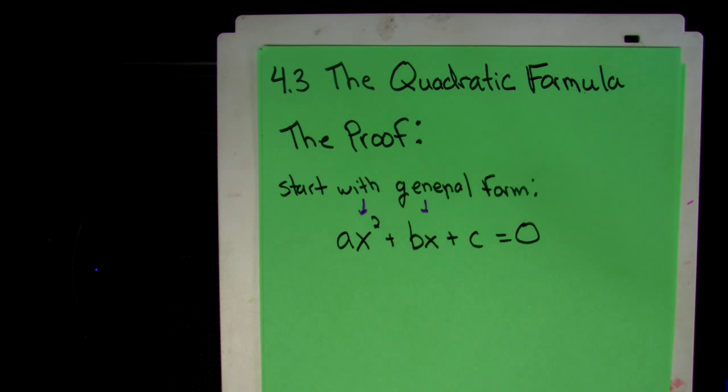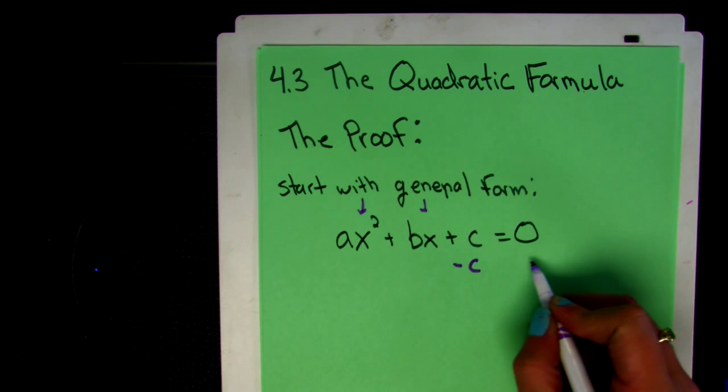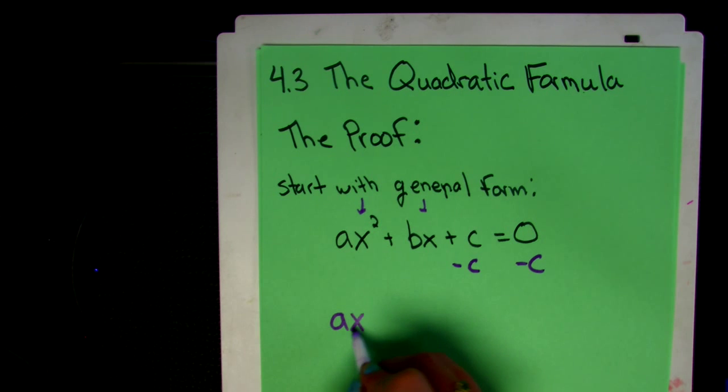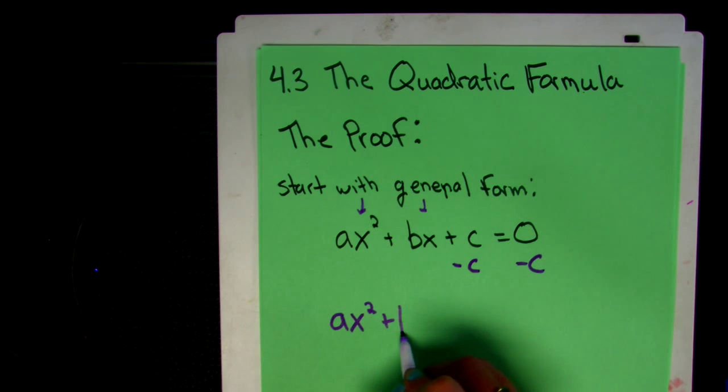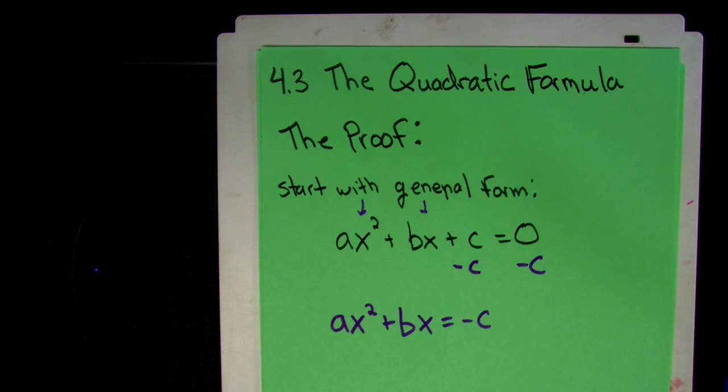So remember the steps to complete the square. First thing you do is remove the constant from the left-hand side. So I'm going to remove the constant by subtracting c from both sides. And then I have ax squared plus bx equals negative c. The next thing in completing the square is to factor out the a on the left-hand side.